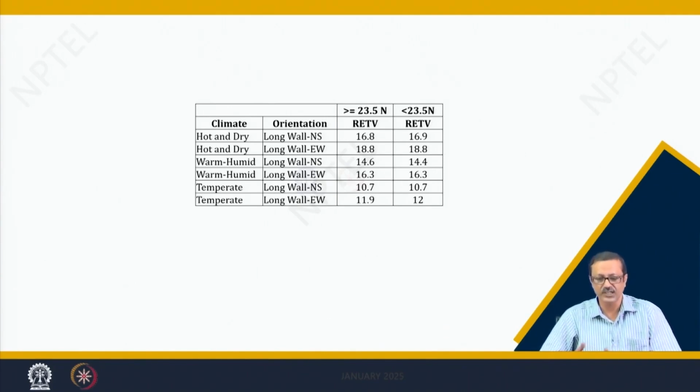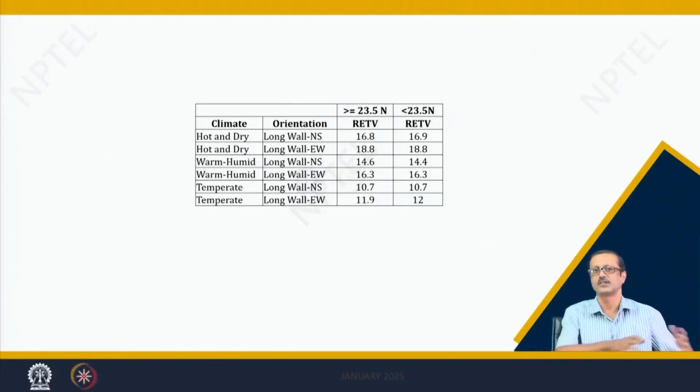But between the climates there is a change, from almost 16 and 18.8 drastically coming down to 14.6 and 16.3, and then further down to about 10, 11 or 12. So the effect of climate is much greater. Also, whether the long wall is in the north-south or east-west direction, there are around 1 to 1.5 value changes. We have witnessed that.